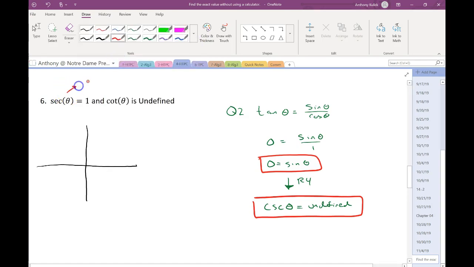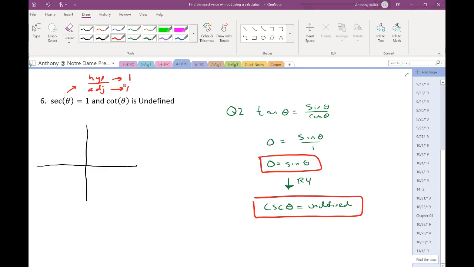I know that secant is hypotenuse over adjacent. And since that's equal to 1, that implies the hypotenuse is 1 and the adjacent side is 1. Right? Everybody's okay with that idea?